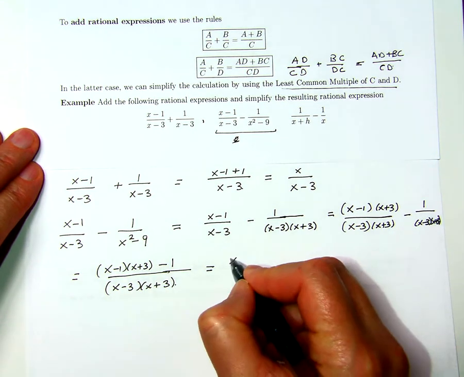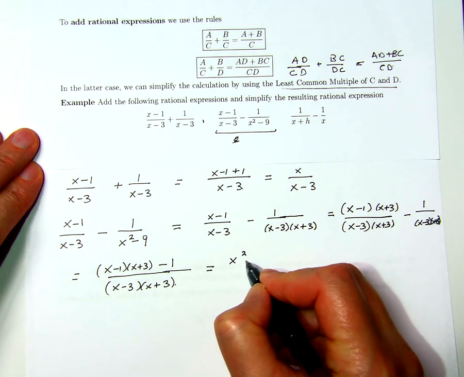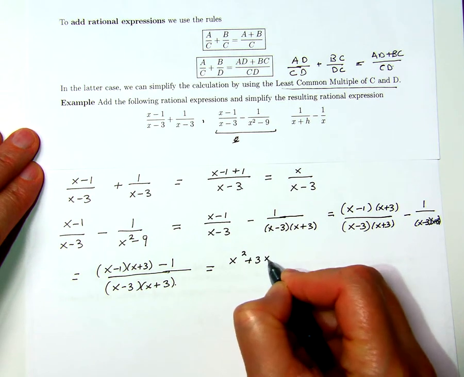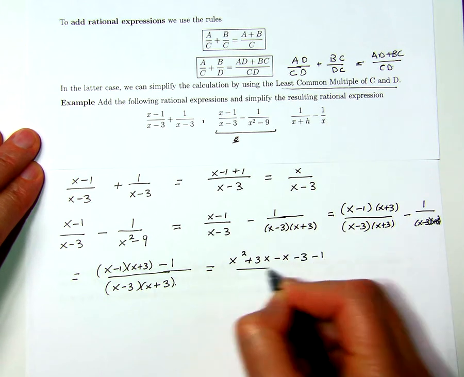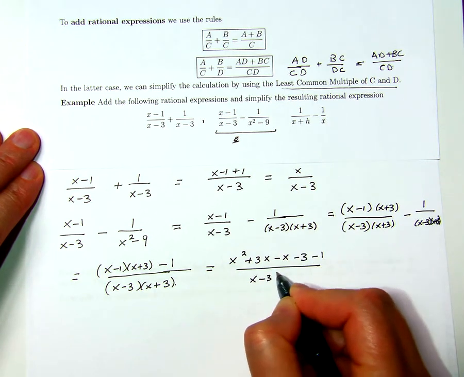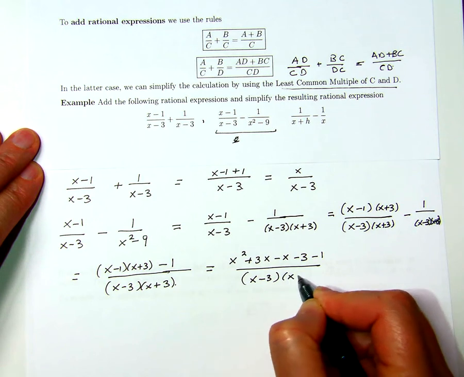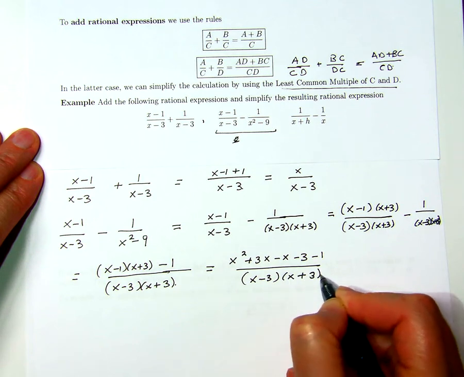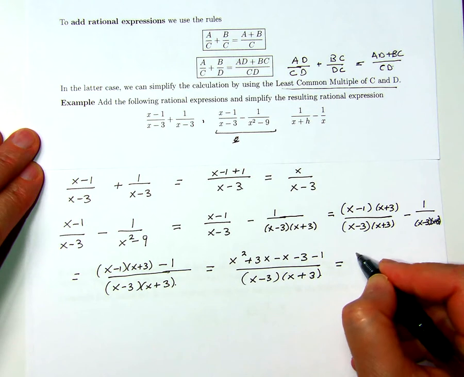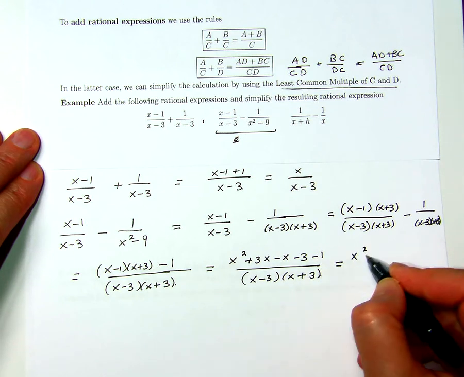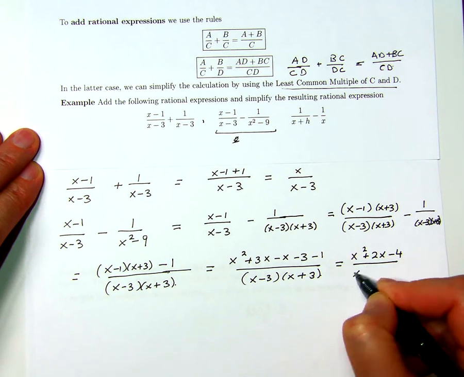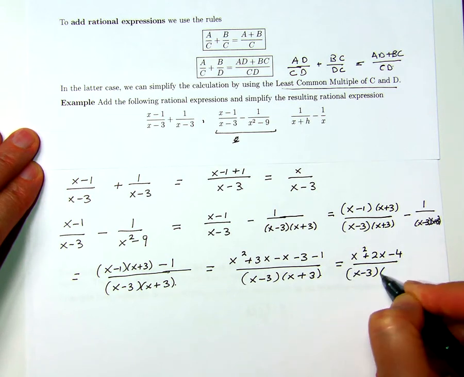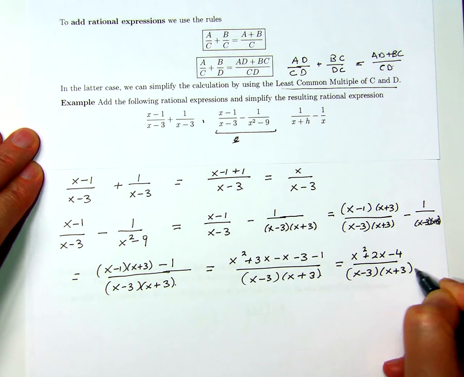So I get that this is x squared plus 3x minus x minus 3 minus 1 over x minus 3 times x plus 3, and that's equal to x squared plus 2x minus 4 over x minus 3 times x plus 3.